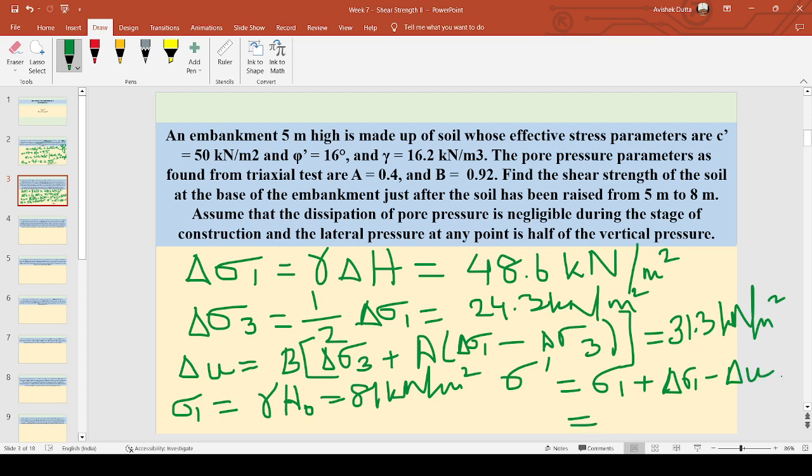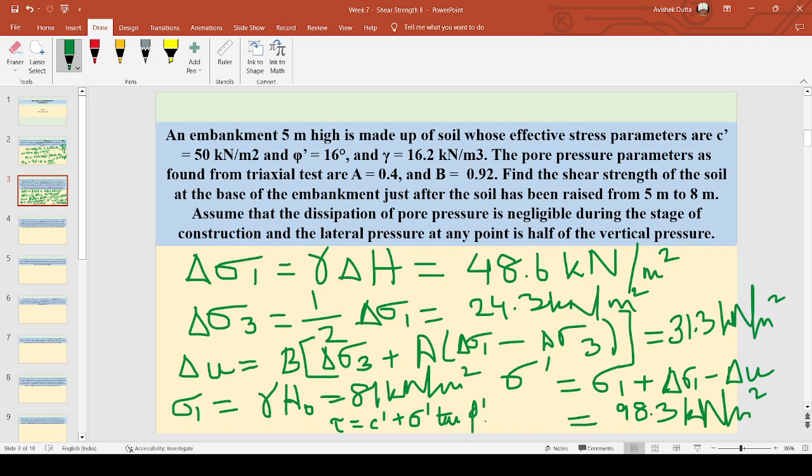So change in pore pressure is 31.3, initial is 81, and del sigma 1 is 48.6. Putting in the values, we get approximately 98.3 kilonewton per meter square. Now in this formula, tau equals c dash plus sigma dash tan phi dash.